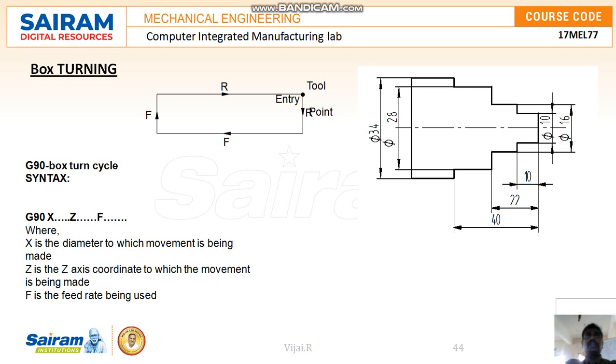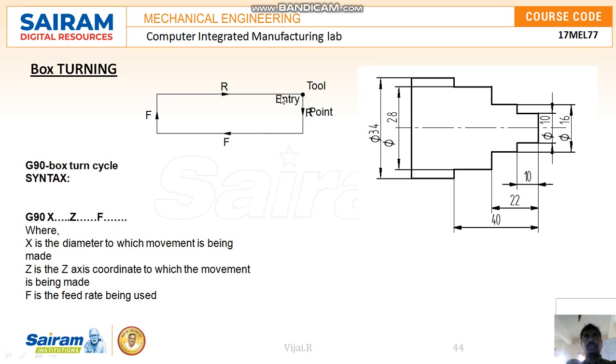What is a box turning cycle and how does it function? The box turning is just a box-type movement of the tool. The tool entry point is here, it comes downward in the Z minus direction, then moves upward, and then moves in the Z positive direction.